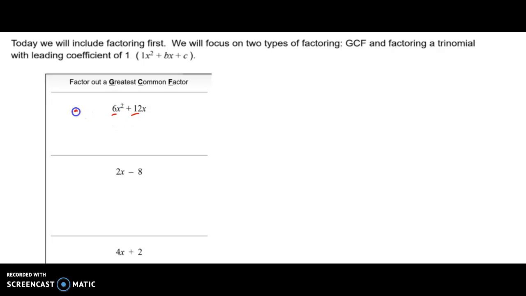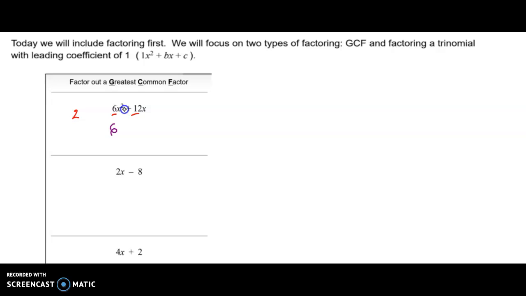Now, we can say 2, right? And that's true. 2 goes into 6 and 2 goes into 12. But we want to try to come up with the greatest common factor if we can. And so between 6 and 12, I'm seeing that the greatest common factor is 6, right?